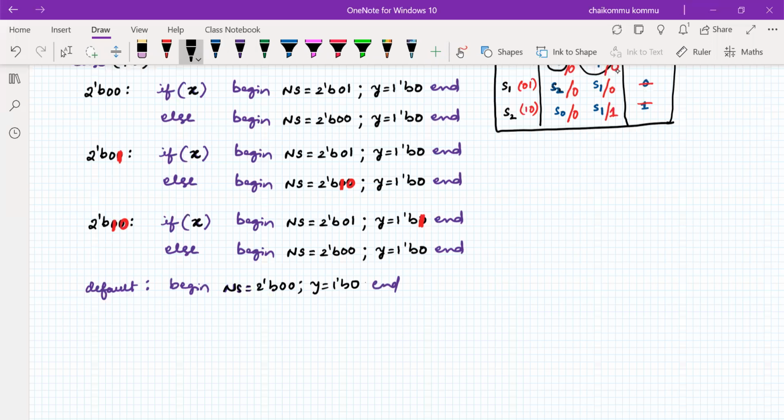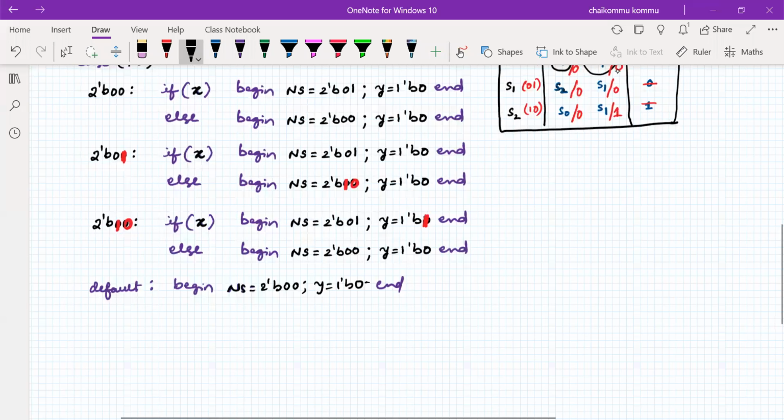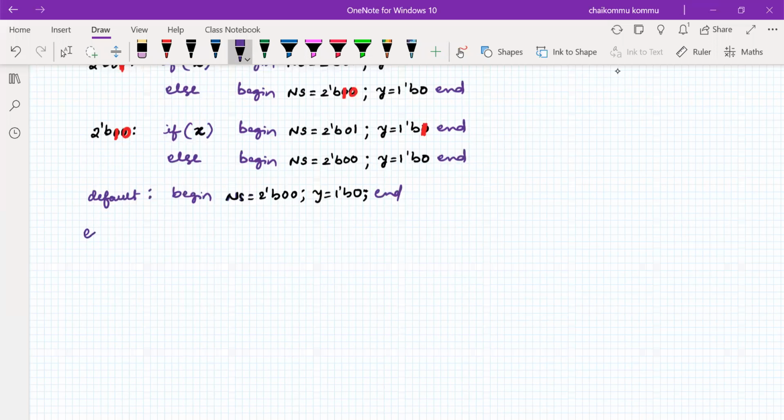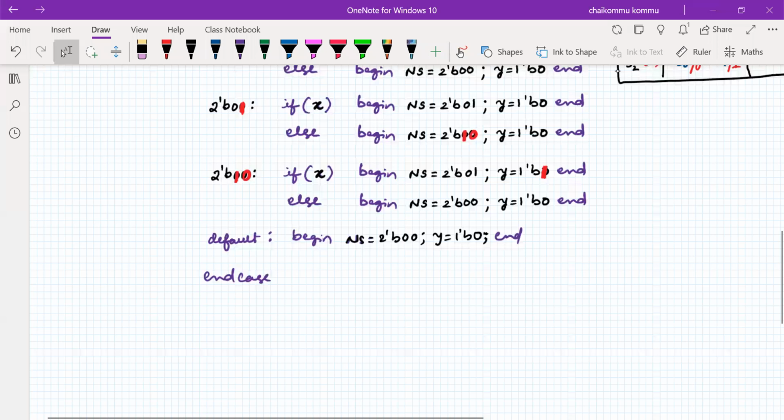So that's the best way. Finally, we need to write the end case, so we have to write the end. Finally, end module, right? So this is how we can write the Verilog program.